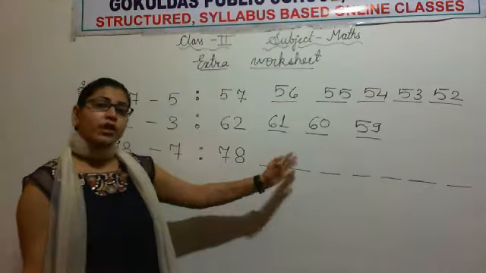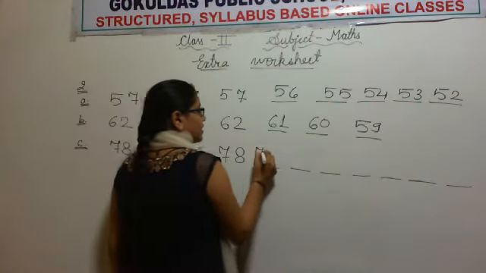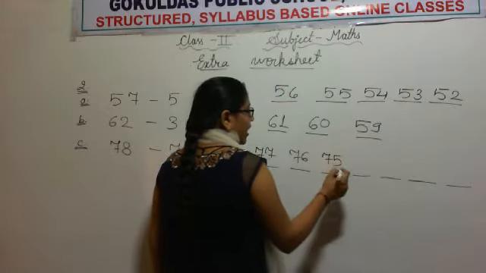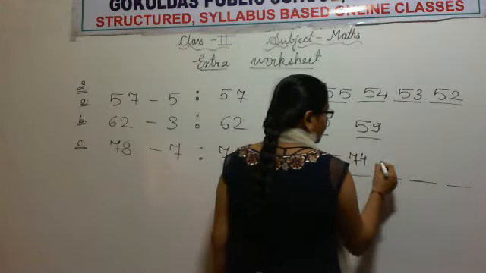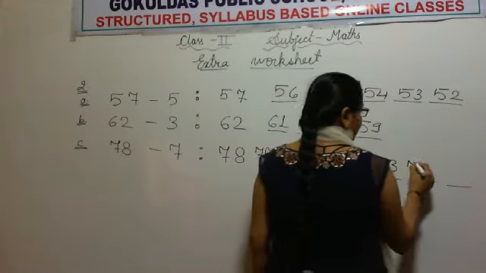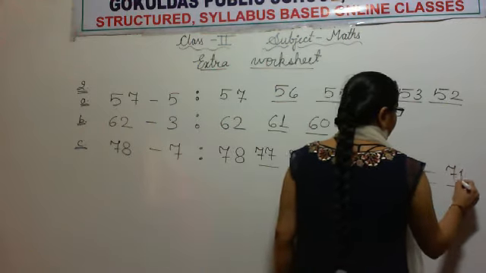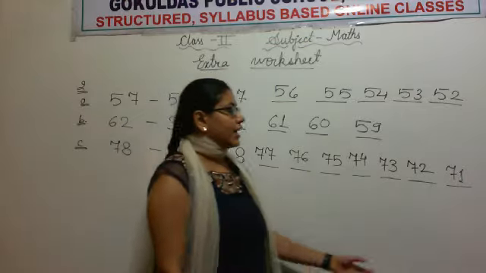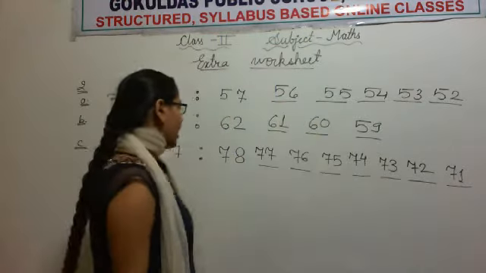Now let's start counting backward. 77, 76, 75, 74, 73, 72 and 71. So 78 minus 7 is equals to 71. The last number is our answer.